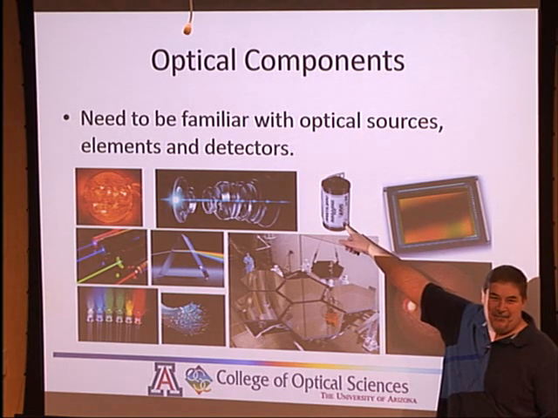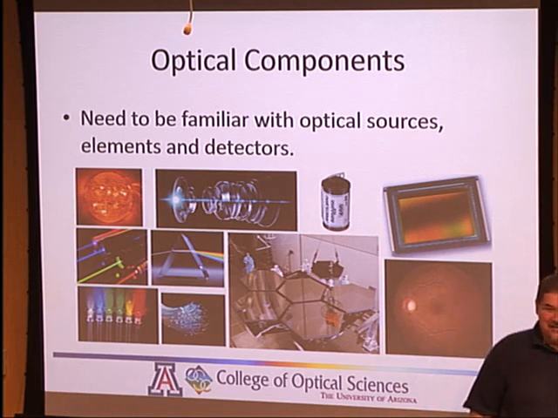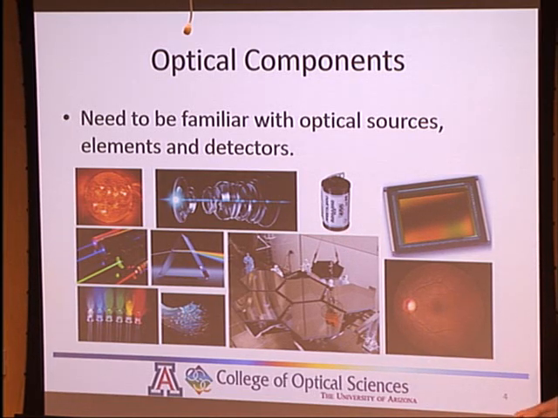It used to go into cameras. It used to be a very popular detector, but most things these days are either CCD or CMOS type digital sensors, and you all have a built-in optical detector with the retina of your eye. So basically you're mixing and matching these various components and trying to do something new with that.